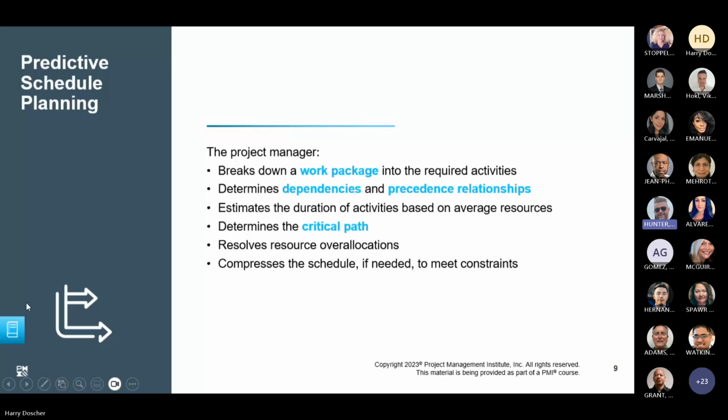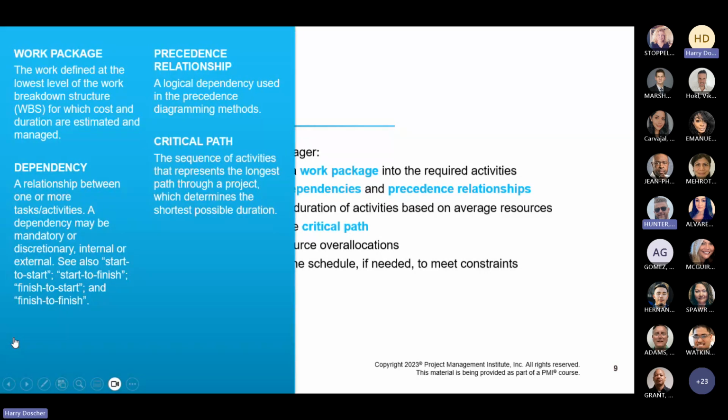You have to be aware that if you're compressing the schedule, it may be something that is not going to be able to be followed necessarily. You can only have people working so much overtime. You can only have people doing so many tasks at once. And if you want to grab a screenshot, here are the definitions.